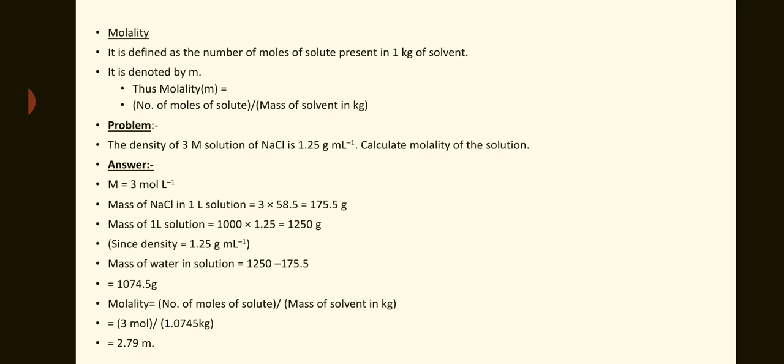Number of moles of solute, which is 3 mole, and mass of solvent in kg, which is 1.0745 kg. So if you divide 3 mole by 1.0745 kg, you will get 2.79 molality concentration of the solution.